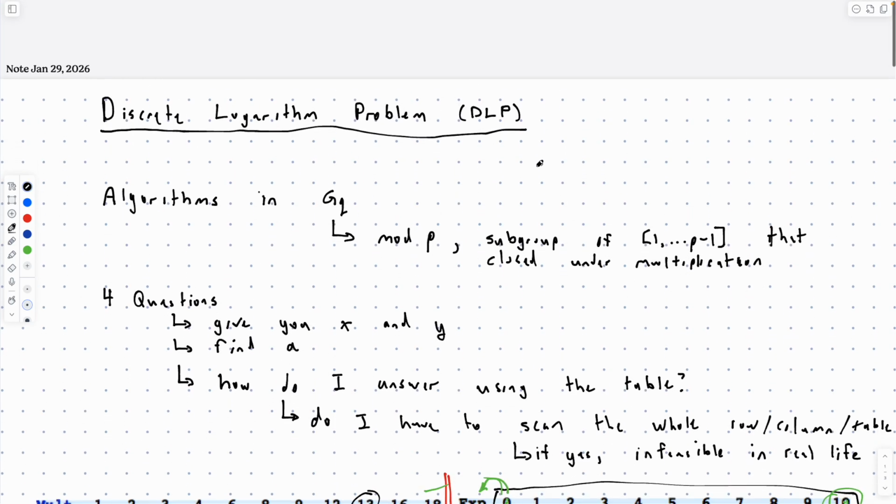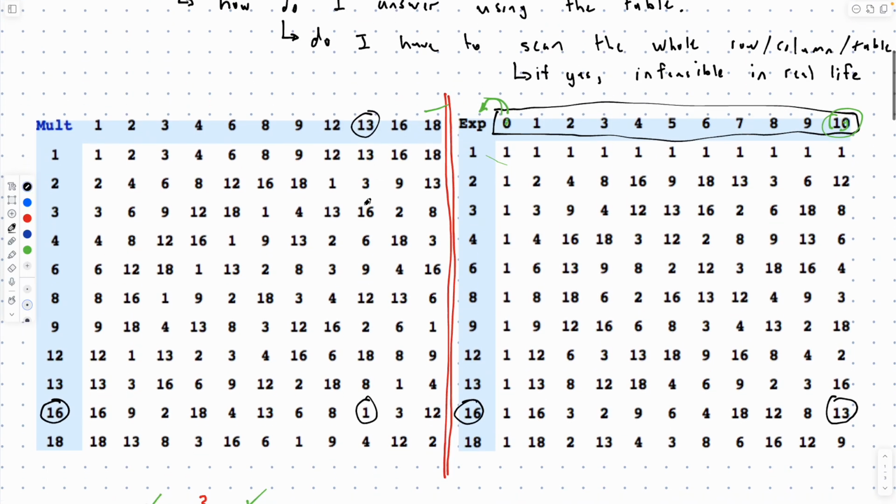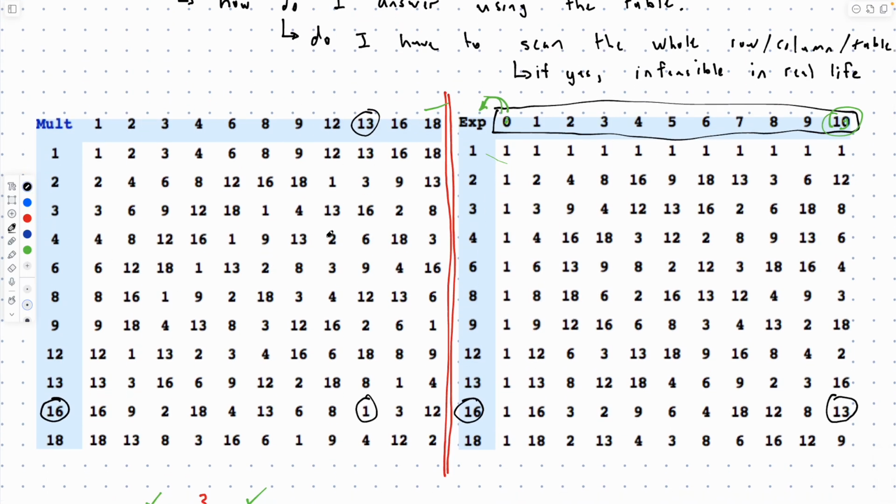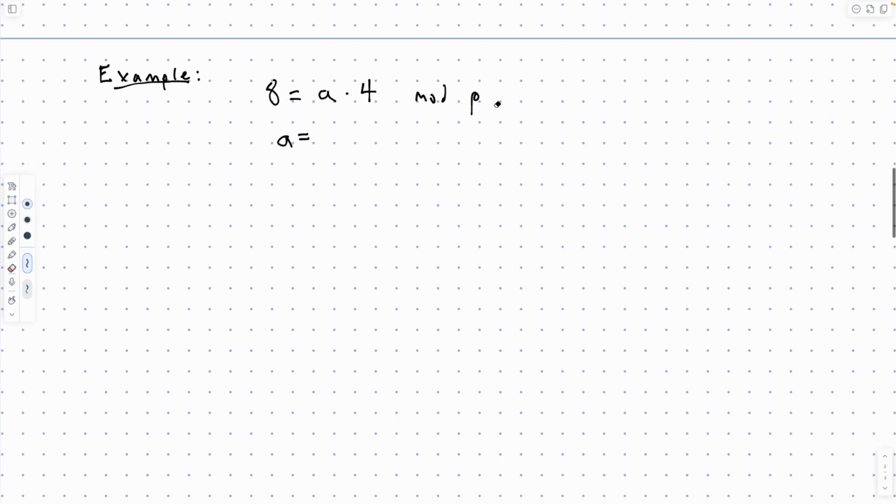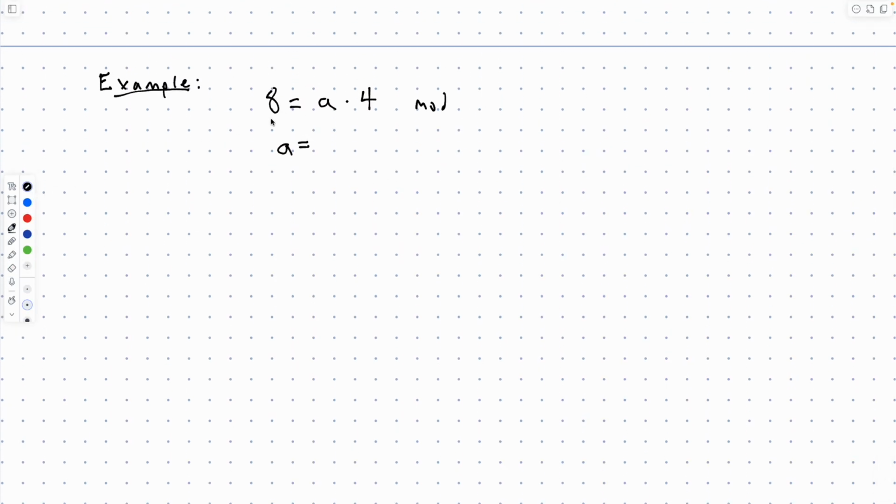Yeah, okay, let me just back up and say, these tables here are for p equals 23 and q equals 11. So these tables are for that. Here, if it helps, I'll write in mod 23.